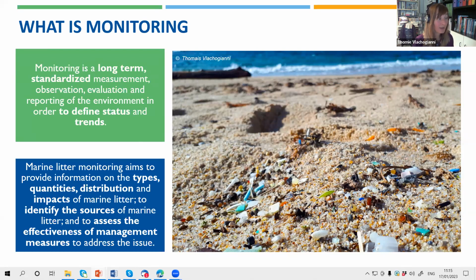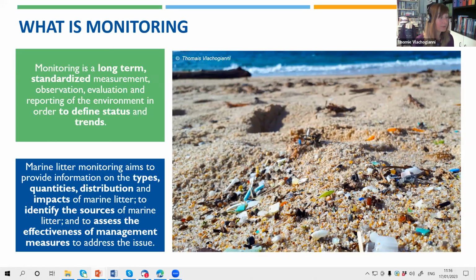So in order to define whether the environment is in good environmental status, and also in order to understand whether, for example, the type of pollution, in our case marine litter, that we are monitoring is either increasing, decreasing, or is stable.